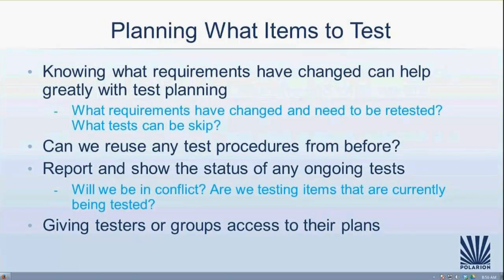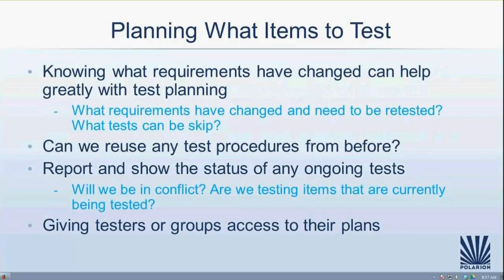But just as important as knowing what needs to be tested, knowing what tests can be skipped, at least initially, can provide a lot more velocity and a much smoother verification and validation process, because you're not testing the entire test procedure again. You're only testing the parts that really need to be done. For example, if I'm testing the airbag and the brake system change, it may not be necessary to test the airbags again.